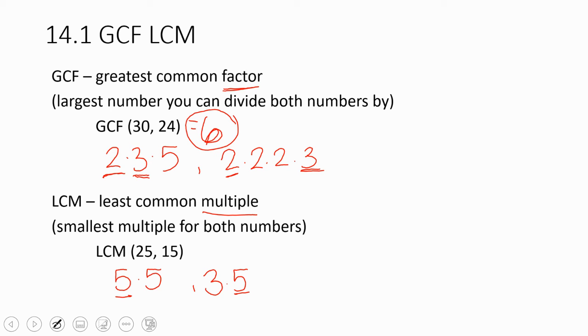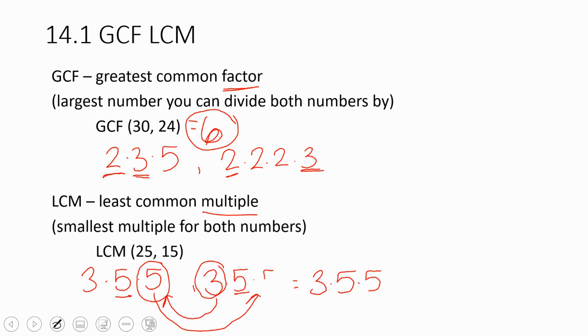So that means we need to add a 3 onto this number, and we need to add another 5 onto this number. So that's going to give us 3 times 5 times 5. If we took this 3 and moved it over here, and took this 5 and moved it over here, now they're the same number, right? 3 times 5 times 5, 3 times 5 times 5, which is 75.